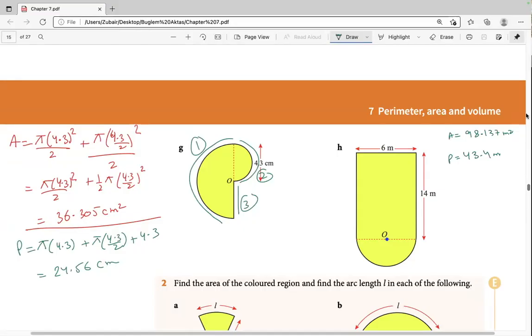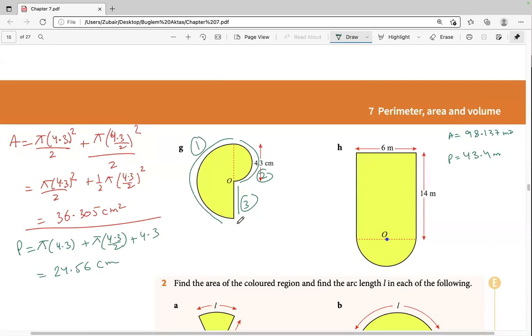I have 24.406. Look at these three splits. One is the larger semicircle arc, then two, then three. So we add these three. When we look at number one, that is pi r only. Pi and r is going to be 4.3. And when we look at the second part, radius would be half of 4.3. And then the third part is just a straight line of 4.3.